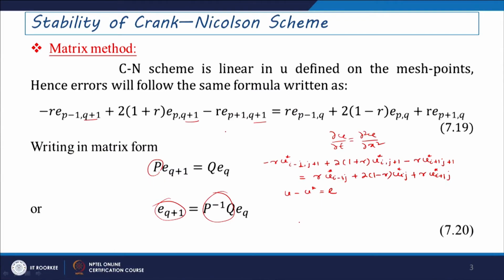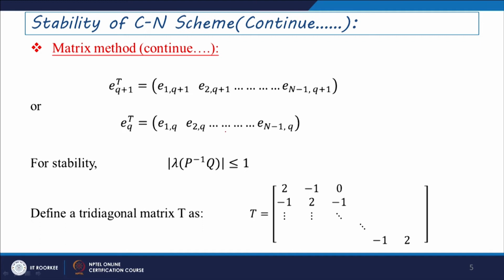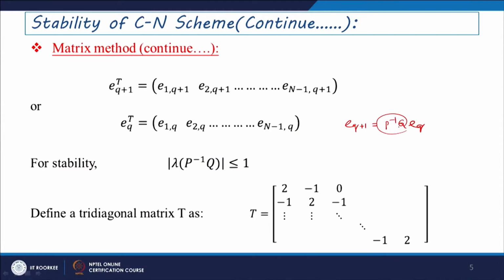And since our matrix is written in the form of E q plus 1 equals P inverse Q E q here, that is, E q plus 1 is nothing but P inverse Q E q here. And for stability, we have already discussed in the implicit approach that we should write this P inverse Q in matrix form.